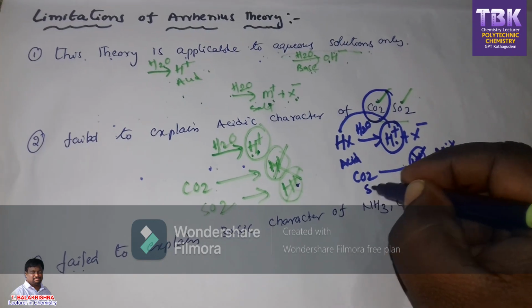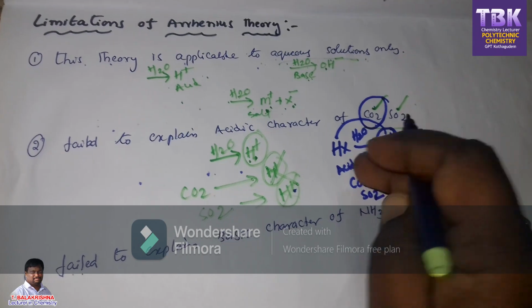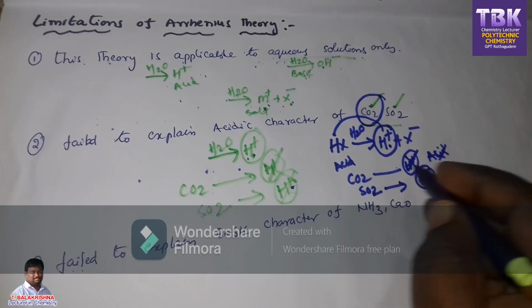Same as SO2, it also shows the acidic nature, but according to this theory it should produce H plus ion. There is no chance to produce the H plus ion.